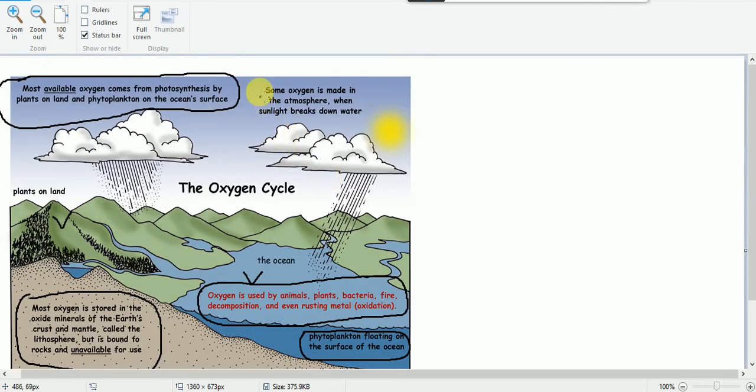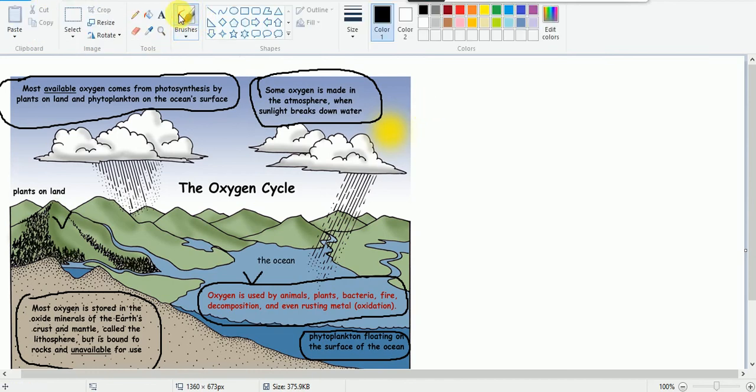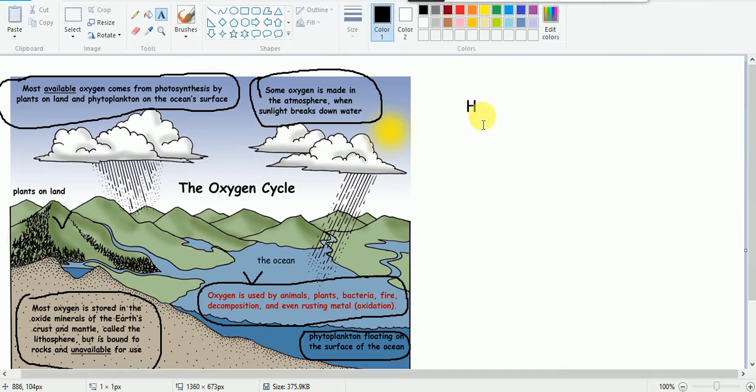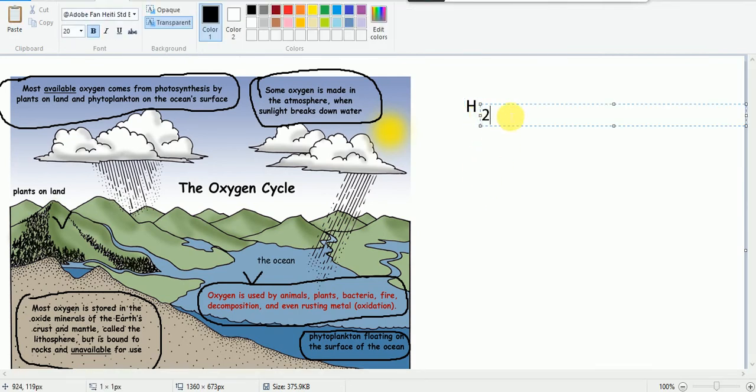And some oxygen is made available in the atmosphere when sunlight breaks down water. Water, I think, is a combination of hydrogen and oxygen.